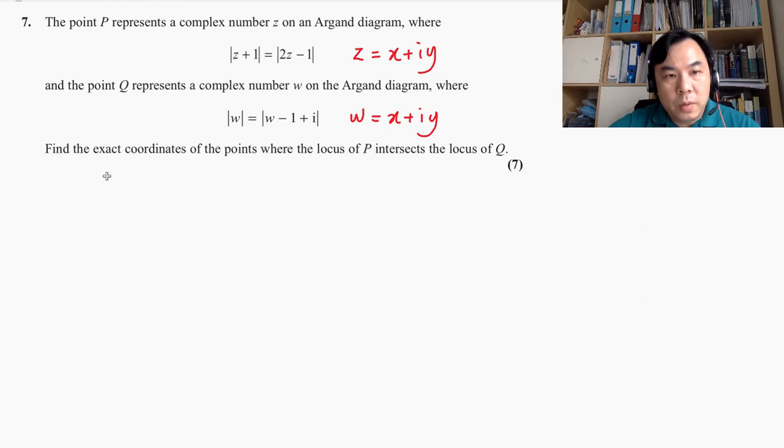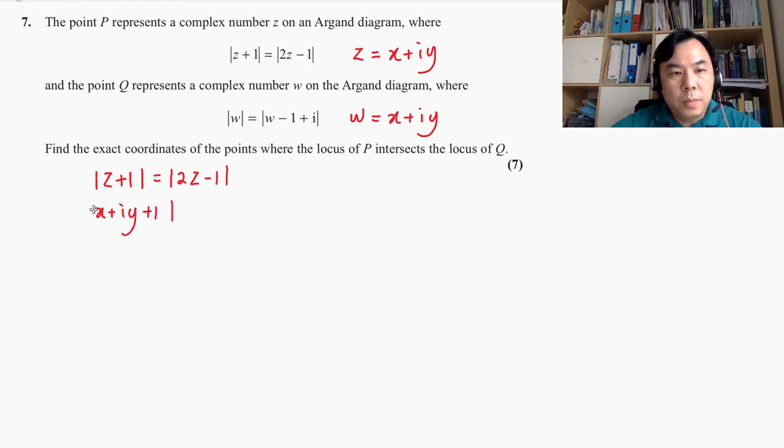Now therefore we have z plus 1. Okay. Now there will be x plus iy plus 1. Right, now it's always good to square both sides of them.